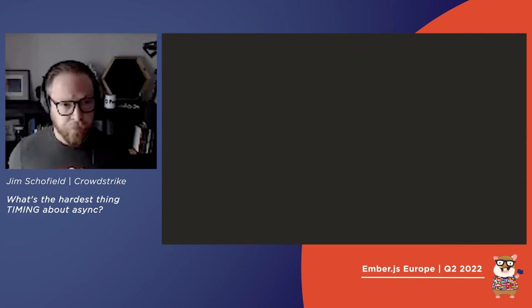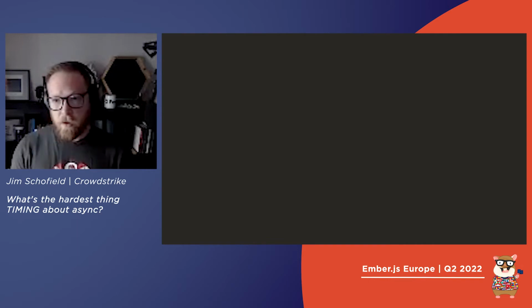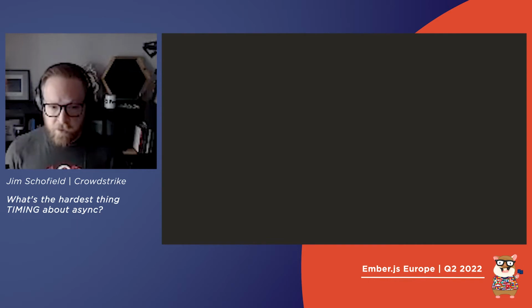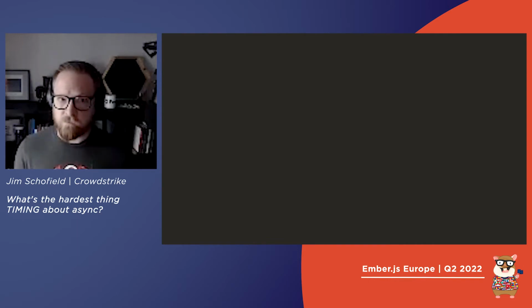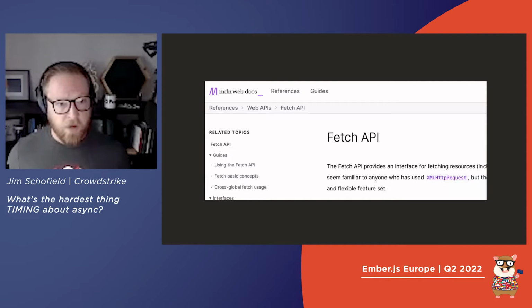So what I do at my job is I am creating components that can be placed anywhere in the application. And because they're placed anywhere in the application, they have to do their own data loading, and I can't rely on the model. I have become very acquainted with the Fetch API, and I use it all the time.